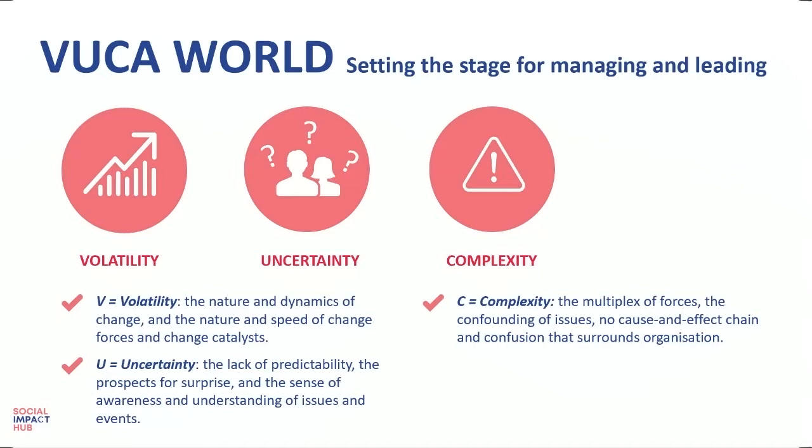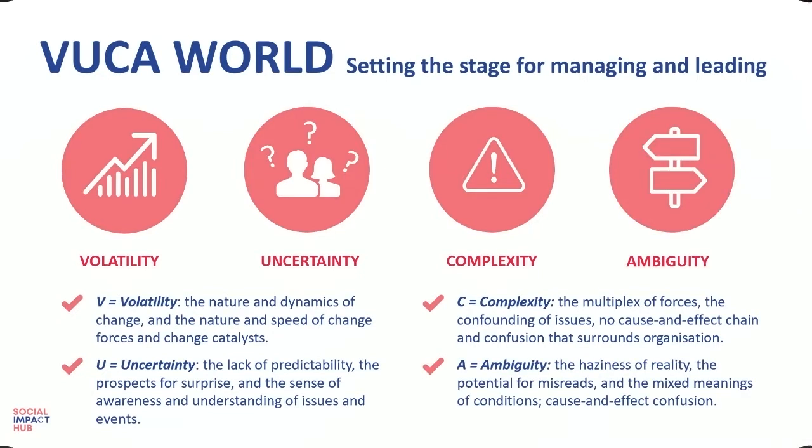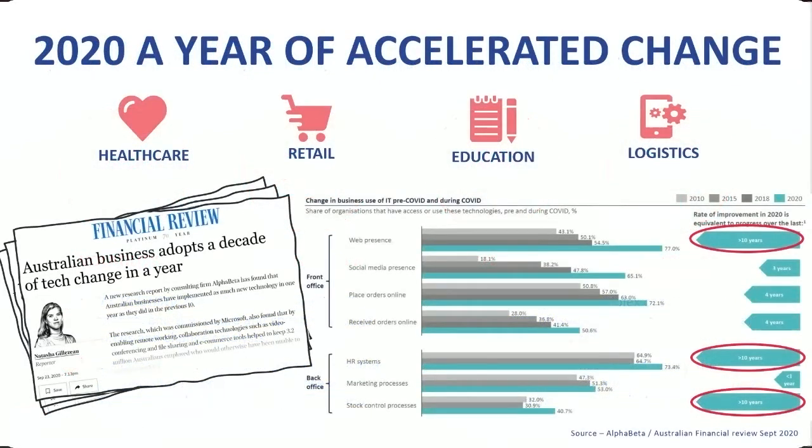And we need to make sure that when we're developing solutions and strategies and plans, that we have a degree of flexibility and adaptability built in to make sure that we can cope and sustain. Last year, particularly in the areas of healthcare, retail, education and logistics, up to about 10 years worth of equivalent change was experienced within those sectors.